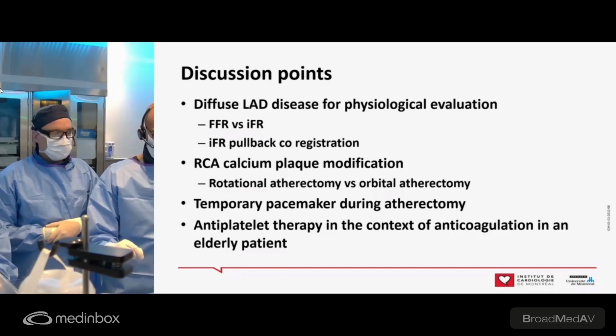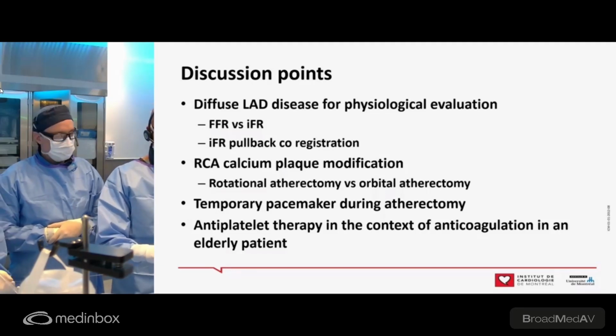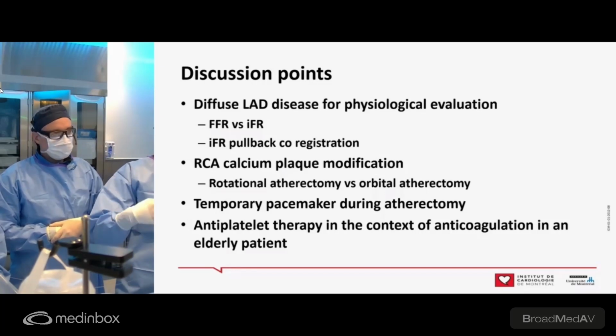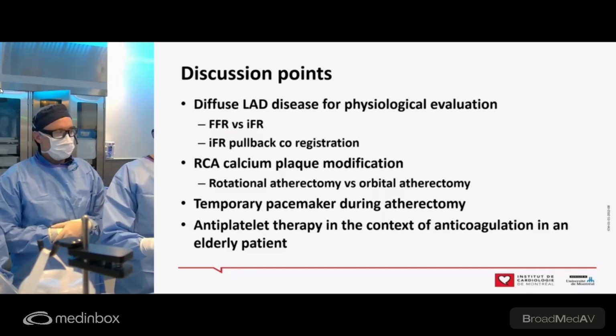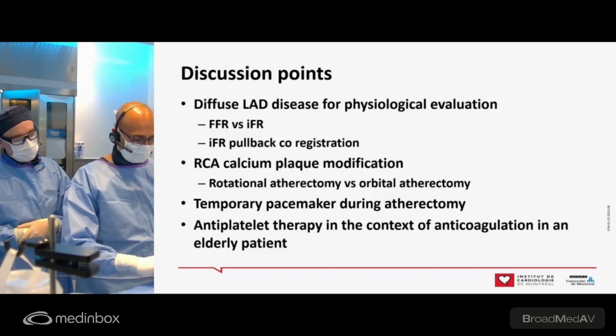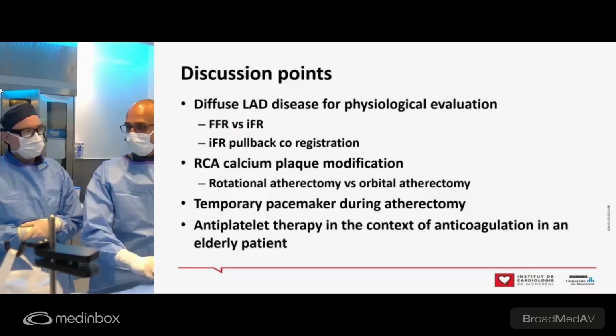That's a very good point, Guillaume. Regarding the orbital versus the rotational, as you know, the orbital crown surrounds the intima, and it has access to superficial and deep calcium. In this vessel, I estimate the size to be 3.0, 3.5 visually, but there's a proximal subtotal lesion also.